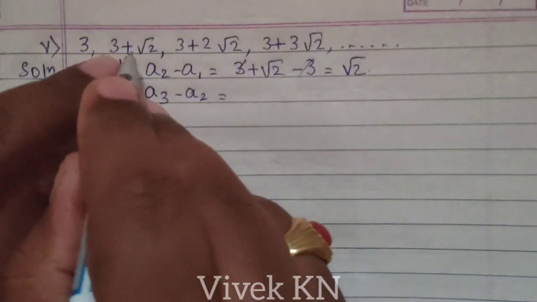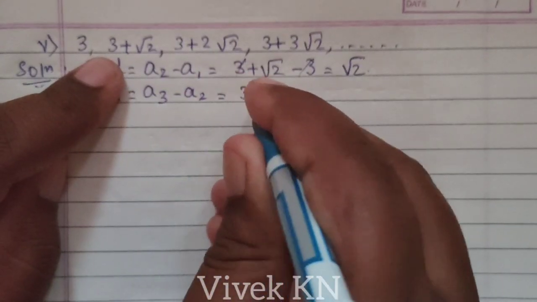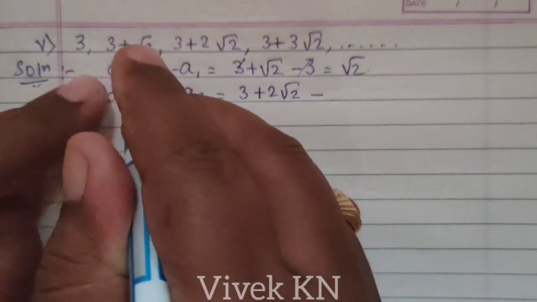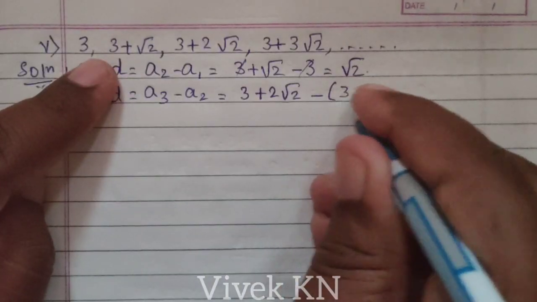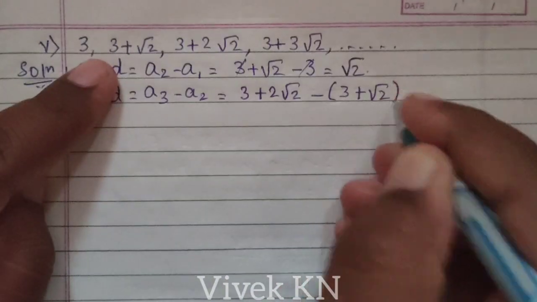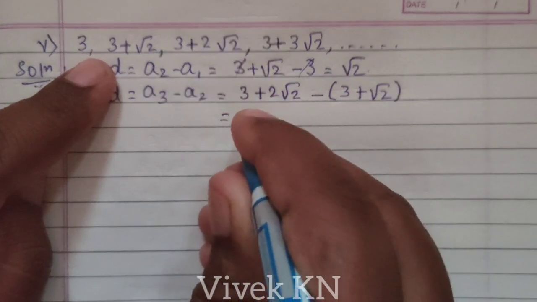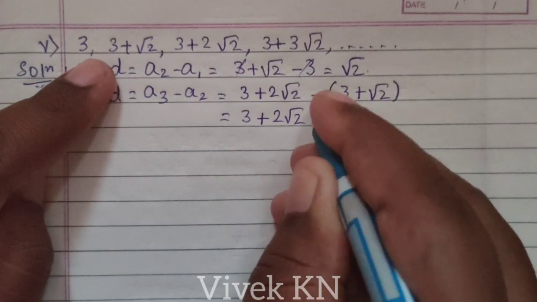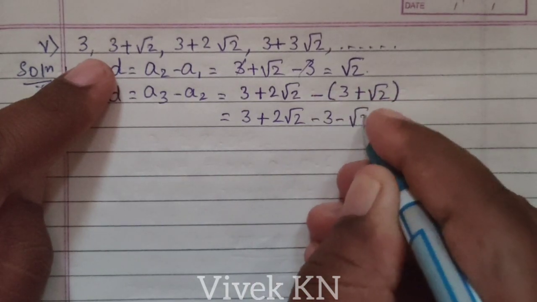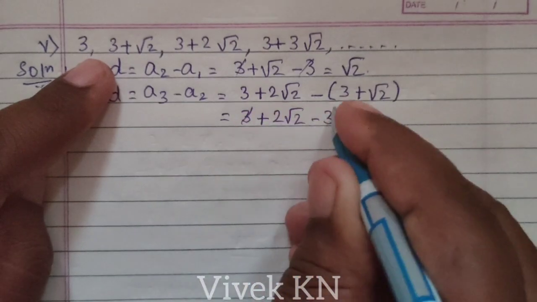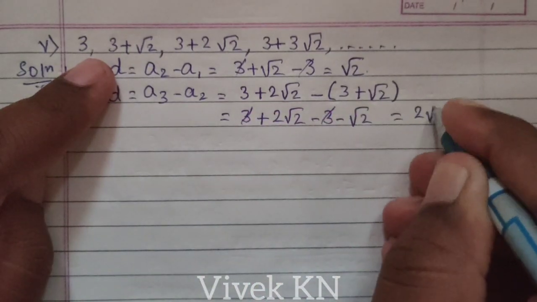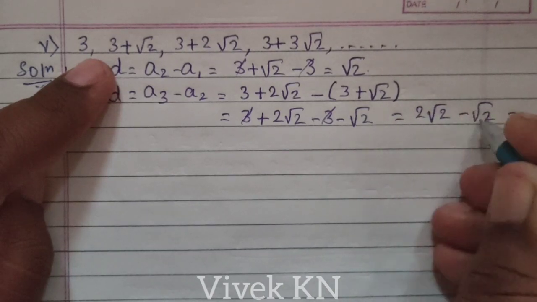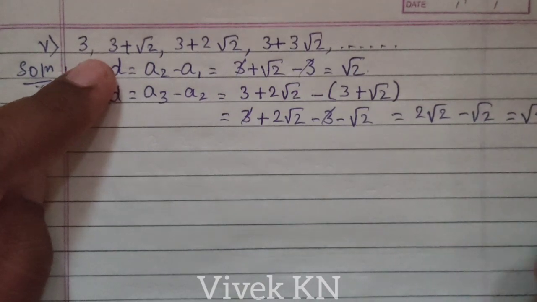Here the third term is 3 plus 2 root 2 minus the A2 value, 3 plus root 2. Plus 3 minus 3 get cancelled, which is equal to 2 root 2 minus root 2. Subtracting these two terms we get root 2 as the answer.